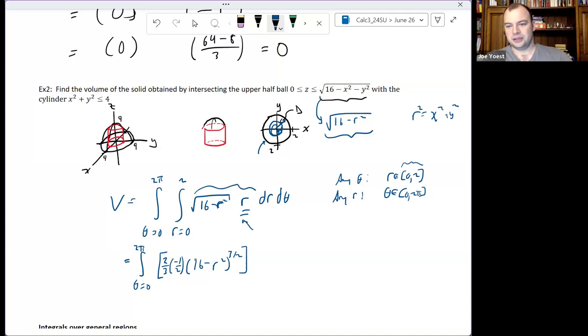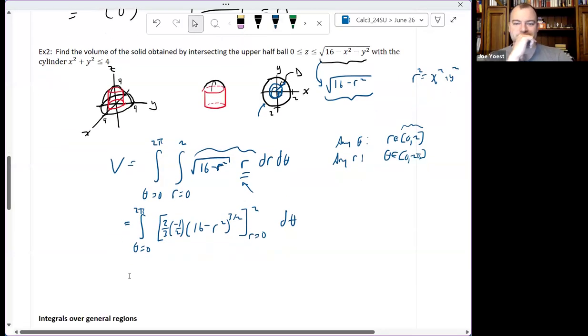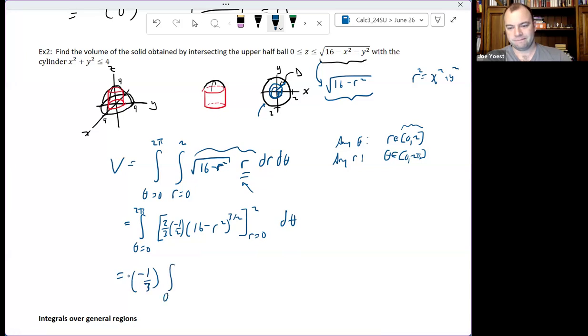So that takes care of this. And then, of course, r goes from 0 to 2, integrating all of this d theta. So this constant nets out to a minus 1/3. I've gotten rid of this, pulled all that out front. 16 minus r squared to the 3/2.